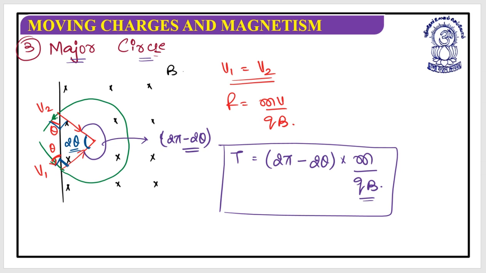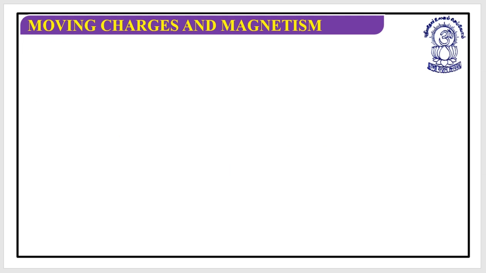Yes, so will you be able to solve this kind of question? Let's have a look at one of the questions. The magnetic field has been arranged something like this, and this is the boundary.